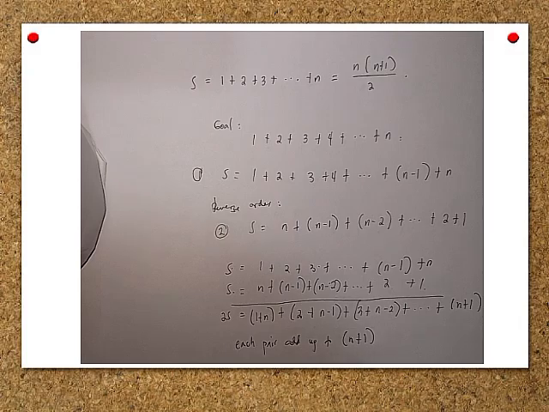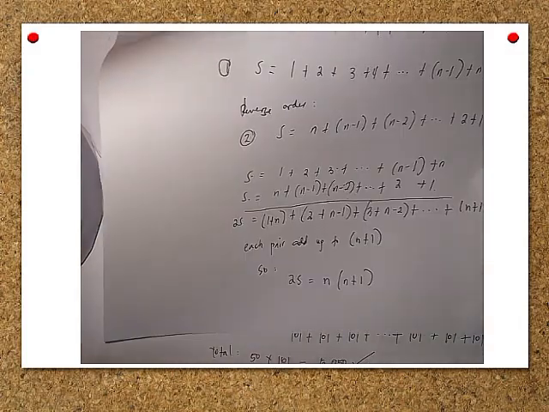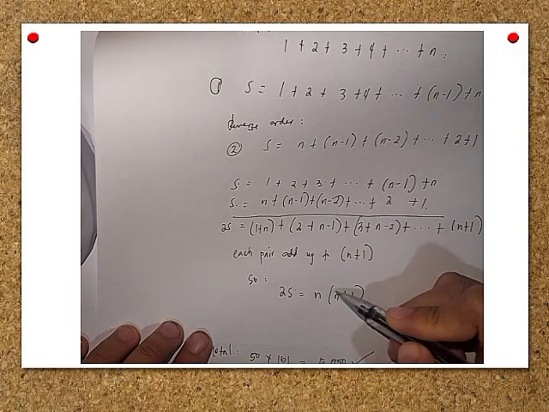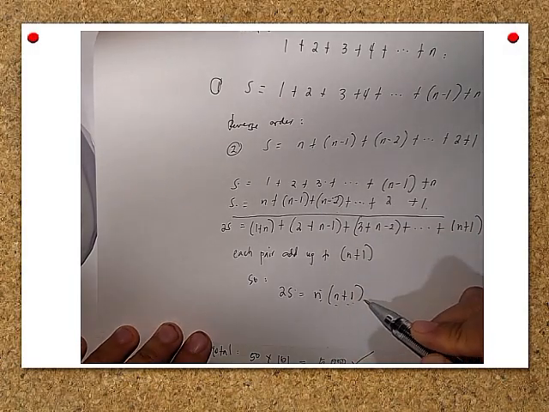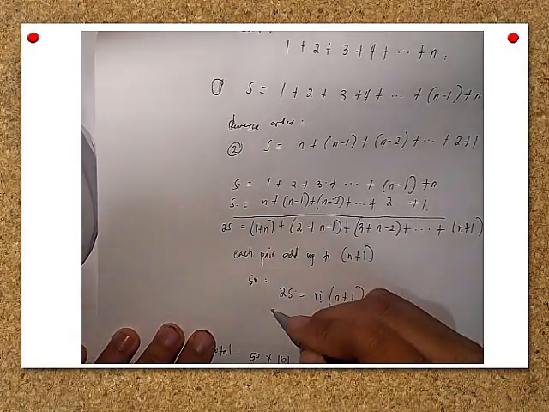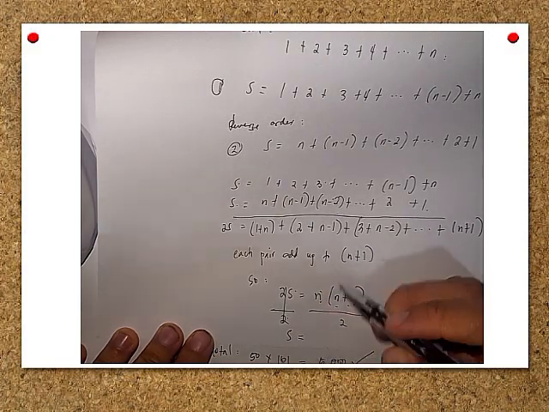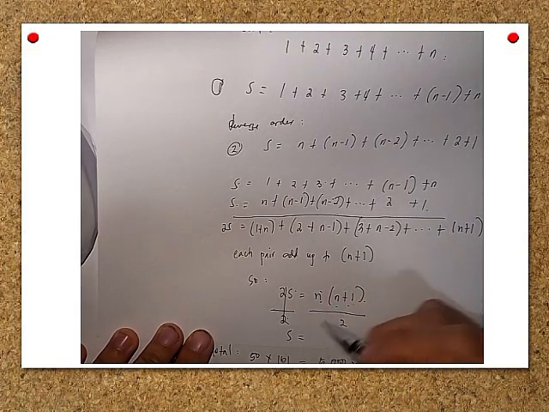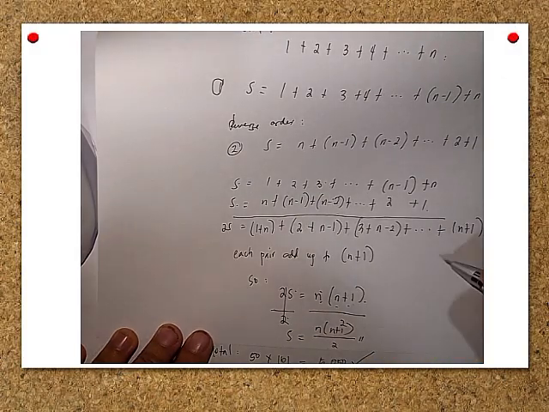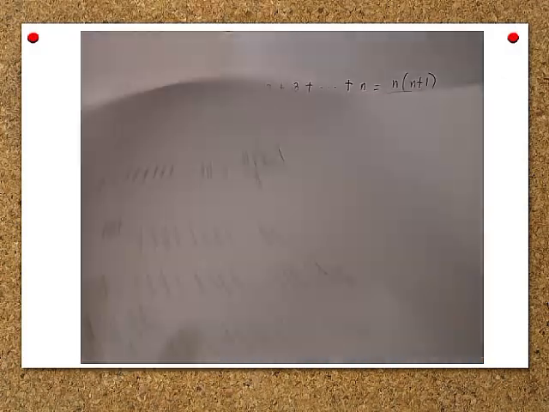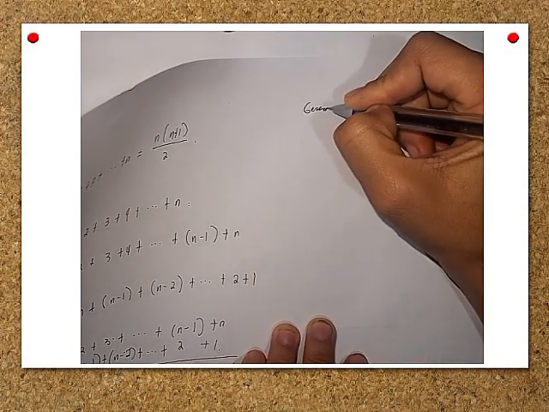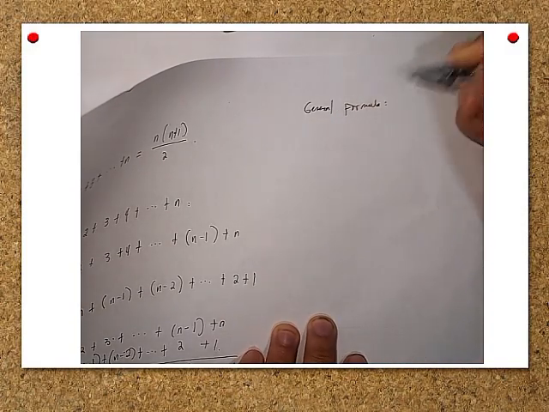Now just divide both sides by 2. The 2 divided by 2 cancels, and we have S. The right side stays as it is because we cannot cancel it with the 2. So this is the general formula.